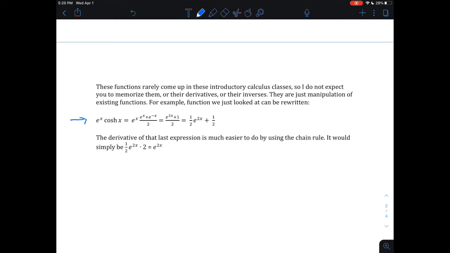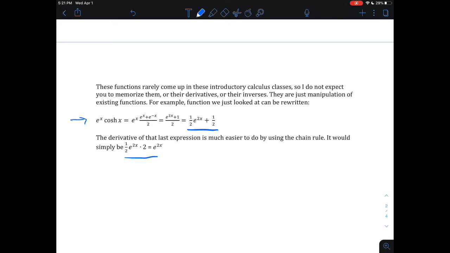Distributing e to the x to the numerator would give me e to the 2x plus 1 divided by 2, which ends up just being 1/2 e to the 2x plus 1/2. If you take the derivative now of this expression, you would just end up with, as you can see here, by the chain rule, e to the 2x.